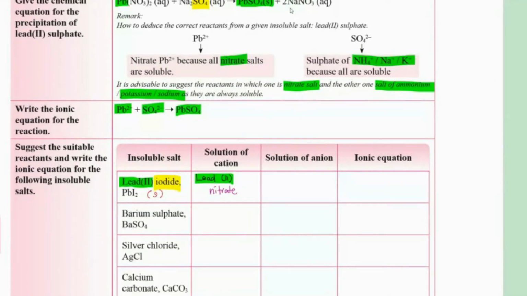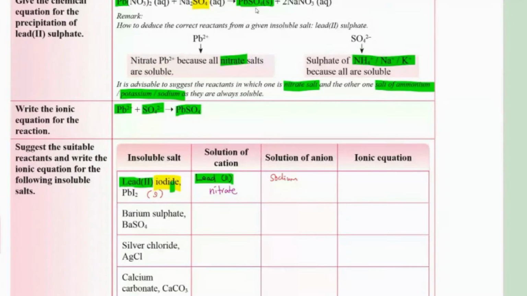Contains anions. Can or not, class? Okay. Sodium iodide. Iodide, no? Okay. Yes, sodium iodide can.